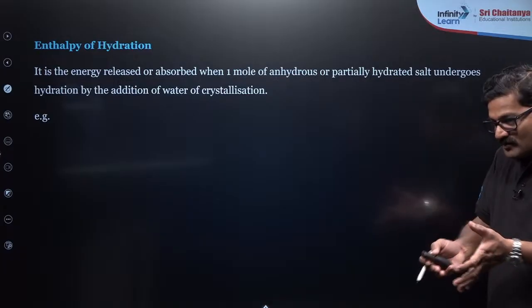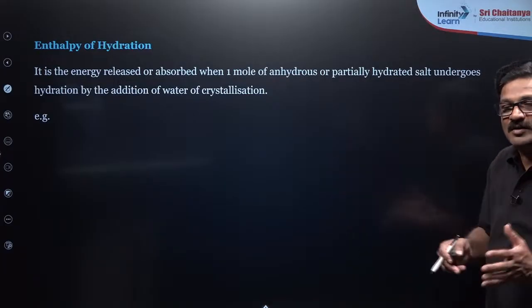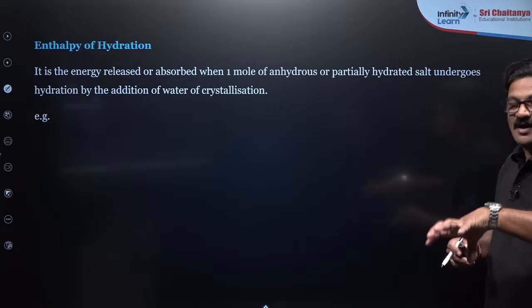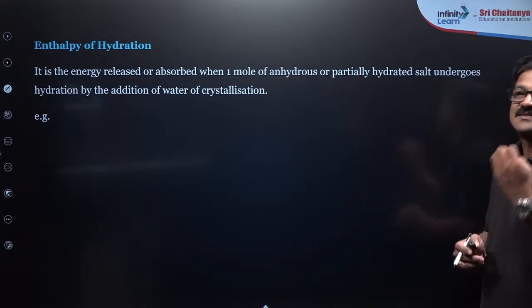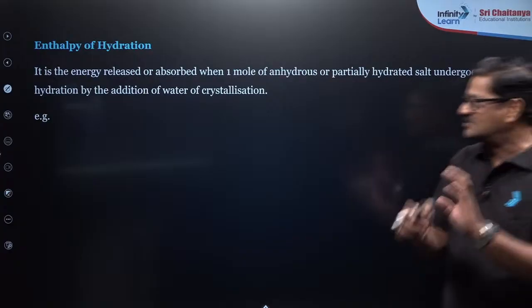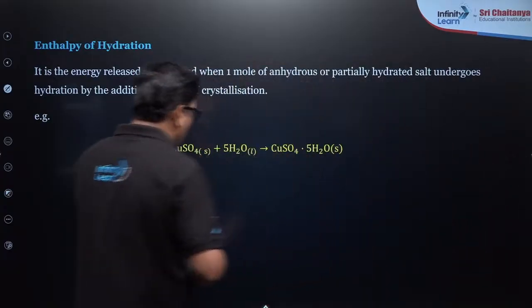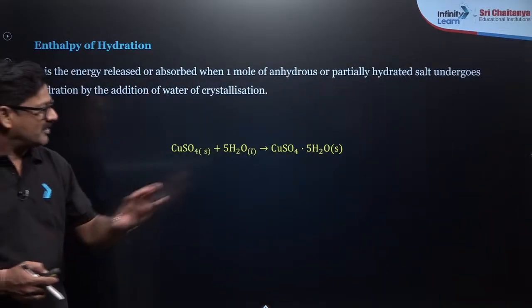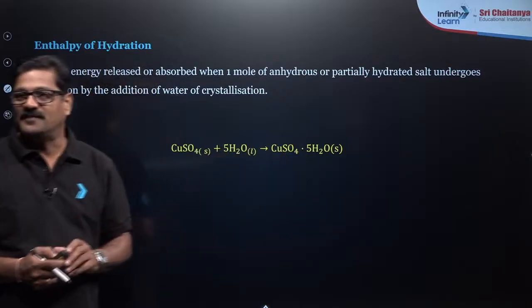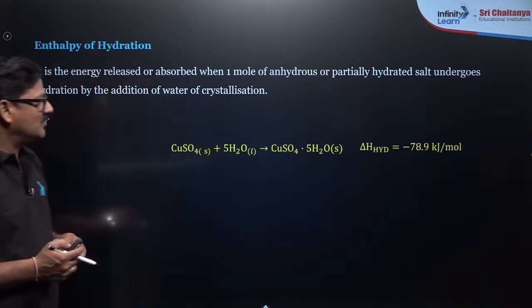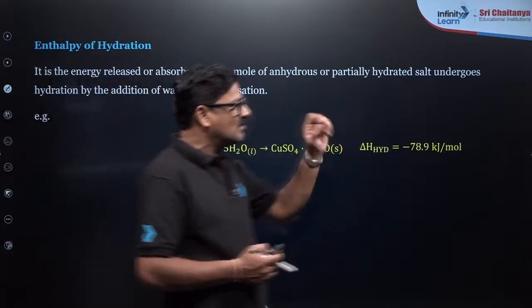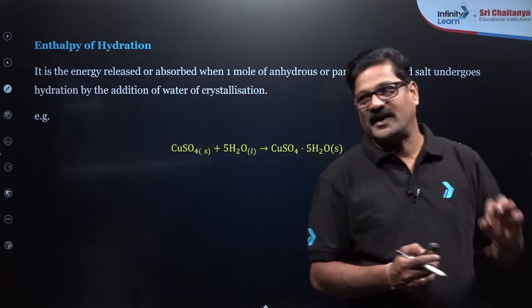Hydration means water molecules surround the ion, or the addition of water to the crystalline state. For example, anhydrous copper sulfate: you just add 5 water molecules to become copper sulfate pentahydrate, CuSO4·5H2O. It was white in color and becomes blue. This is what is called the enthalpy of hydration.